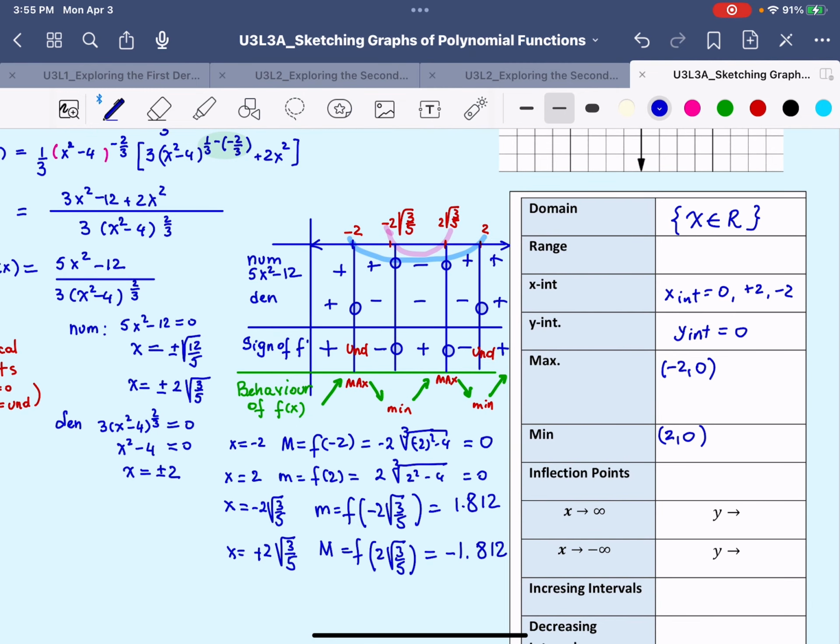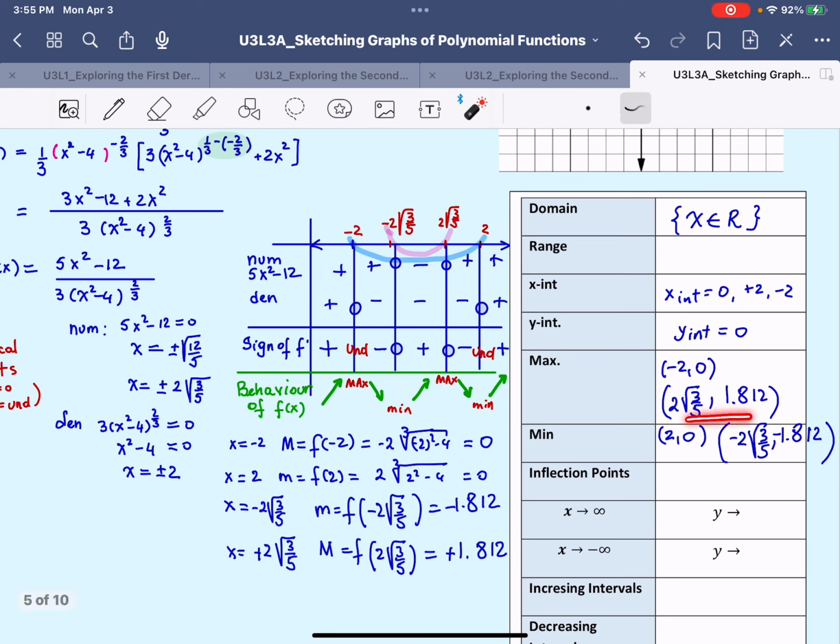So we said that we have another minimum at negative 2 root 3 over 5 and negative 1.8 actually. Sorry, let me fix this. And at positive 2 root 3 over 5, the value of the function will be positive 1.8. Well, we can continue 1, 2, why not? And the function will have a maximum here, so at this point.